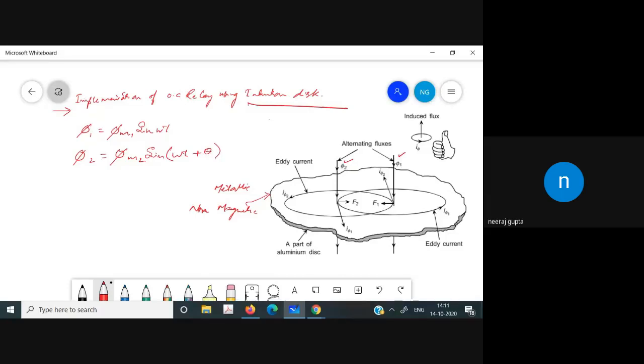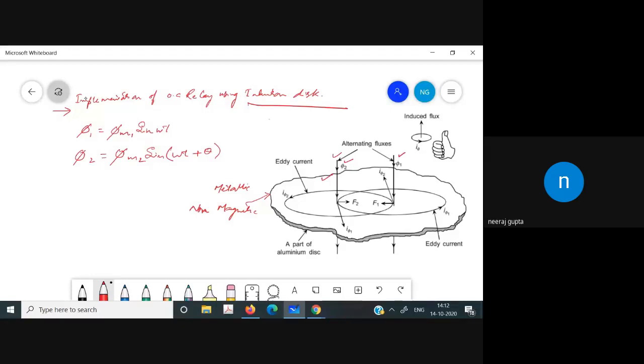Now let us suppose these two fluxes act on this metallic non-magnetic disk. Because of that flux, eddy currents are generated: when the flux cuts the disk, a voltage is induced and current is produced, as you know.